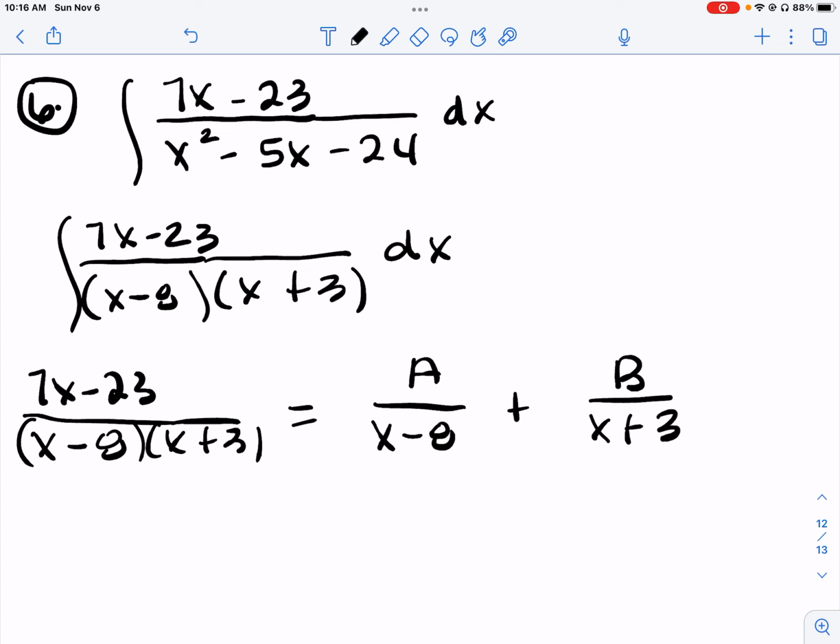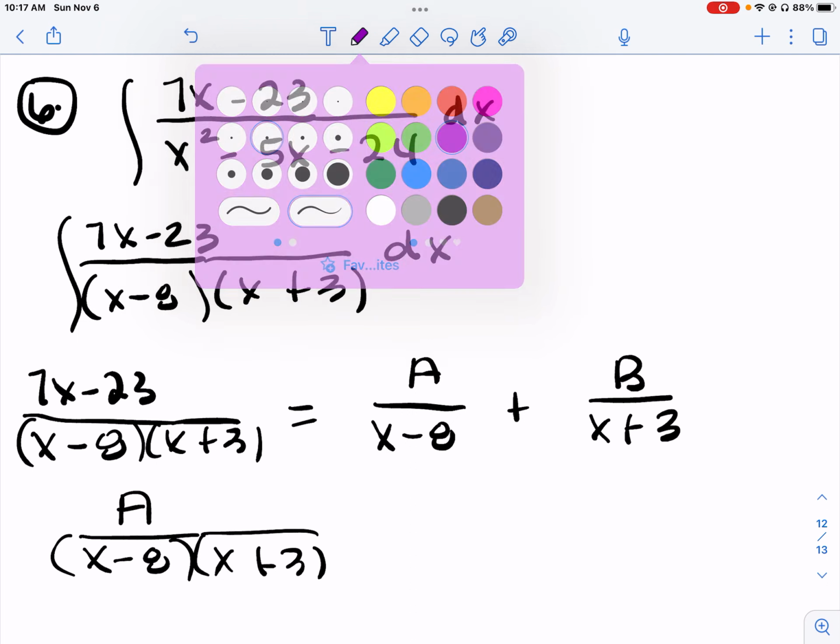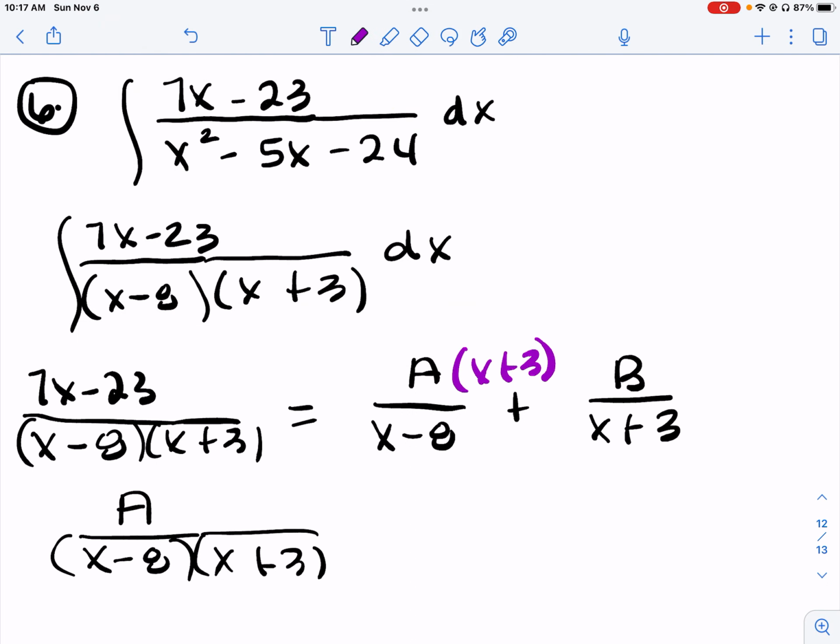Okay. To get the common denominator, we just can multiply the two denominators, which means A needs an x plus 3.